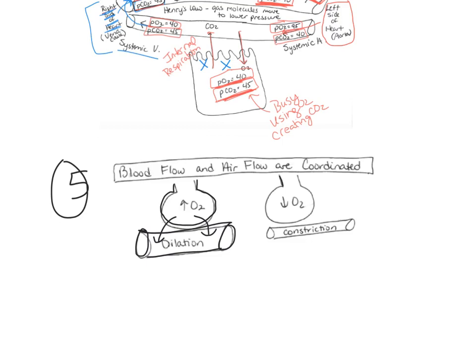And we said conversely, if oxygen in that alveolus is decreased, then those blood vessels, the precapillary sphincters will constrict, the capillaries will constrict. Why send the blood to an alveolus that doesn't have a lot of oxygen? So blood will be directed or shunted towards the alveoli that have more oxygen in them.